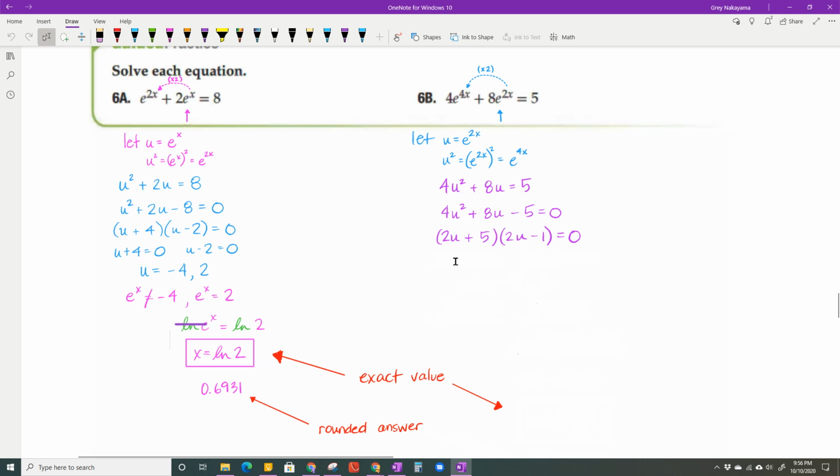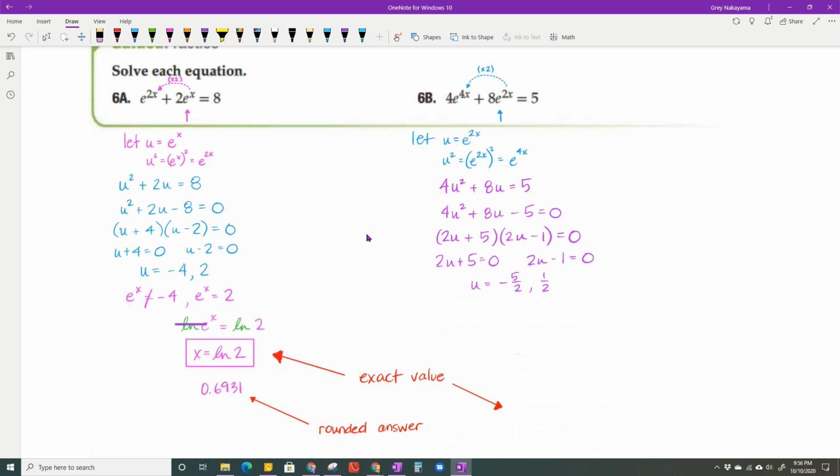So positive 10, negative 2 give me positive 8. Okay, so I'm going to set each factor equal to 0. 2u plus 5 equals 0. 2u minus 1 equals 0. So u equals negative 5 halves, or u equals 1 half.